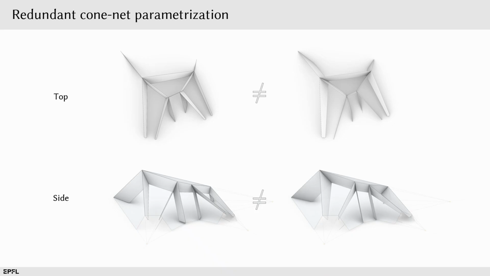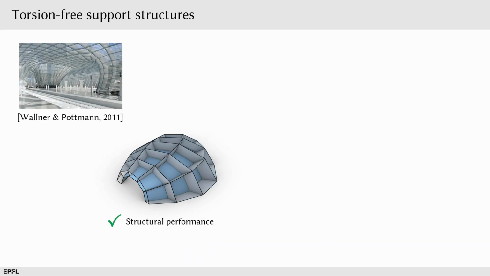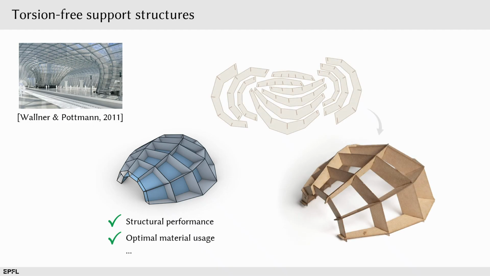So among the many equivalent parameterizations of a connet, one might prefer the one that is associated to a specific support structure. And why? Because in architecture, as we've seen before, we know that higher stiffness might result in better structural performance. Another criterion that can be used is the use of material, for example.